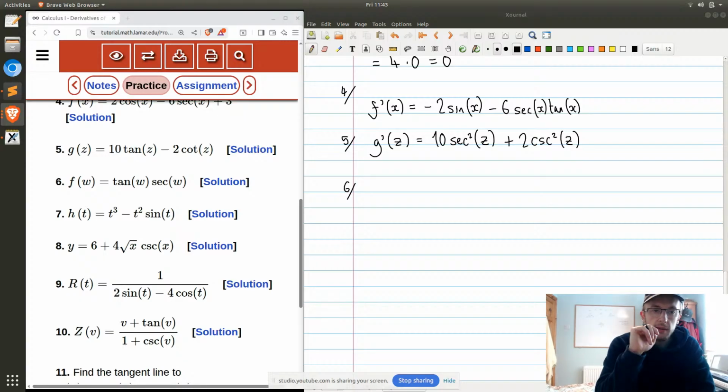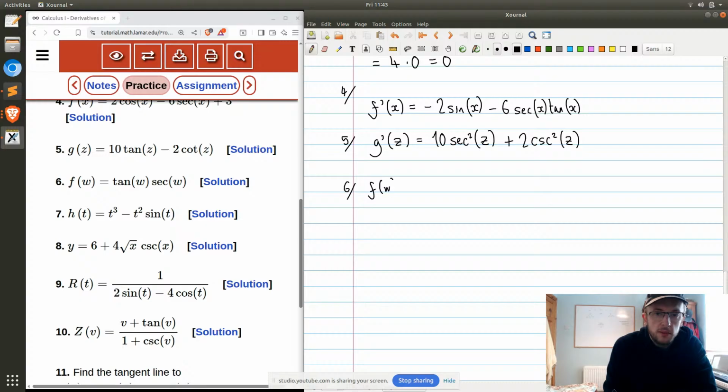So in this case, they're trying to trick me because that's not on the standard results of derivatives. So what am I to think here? Okay, I'll break it down into definitions. So I'll say that f of w, by definition, no, wait, I can just use the product rule.